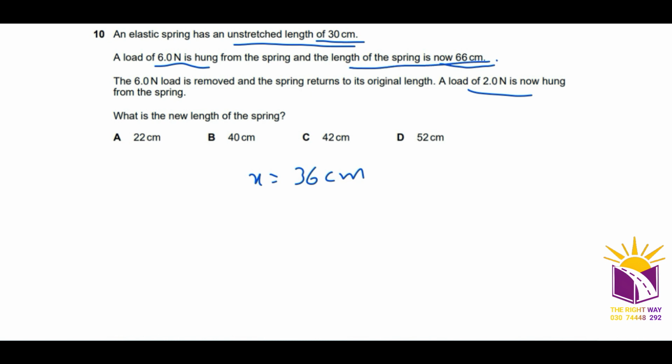Extension is the stretched length minus the unstretched length. Extension will be 66 minus 30, which is equal to 36 cm for a force of 6 Newton. If 36 cm extension is for 6 Newton, what will be the extension for a load of 2 Newton?